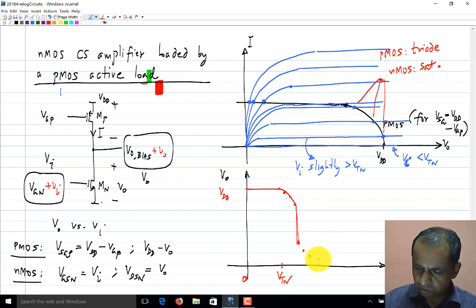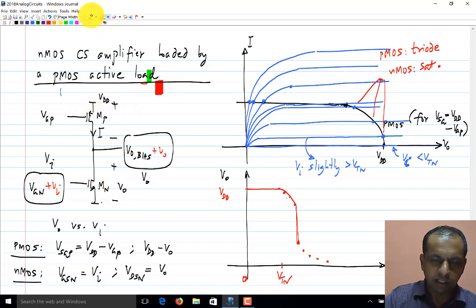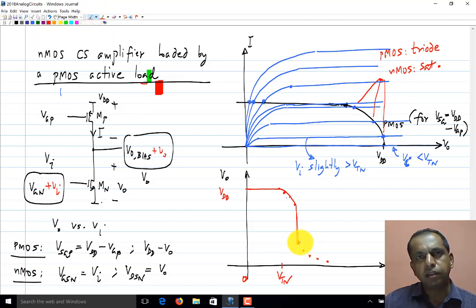Even if we set the input voltage to be equal to VDD, the output will not be exactly zero. It can be close to zero. That depends on the parameters of the two MOS transistors. So it looks like this, and for Vi equals VDD, this is what it will look like.